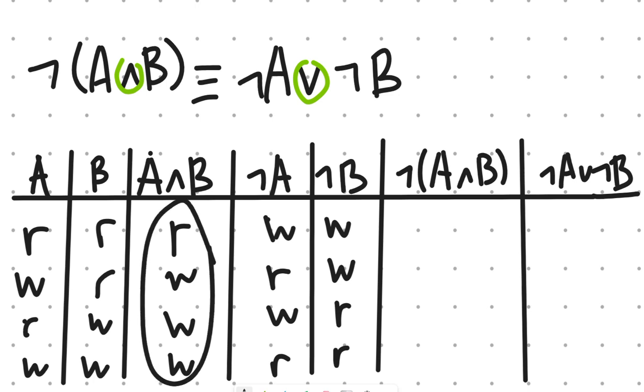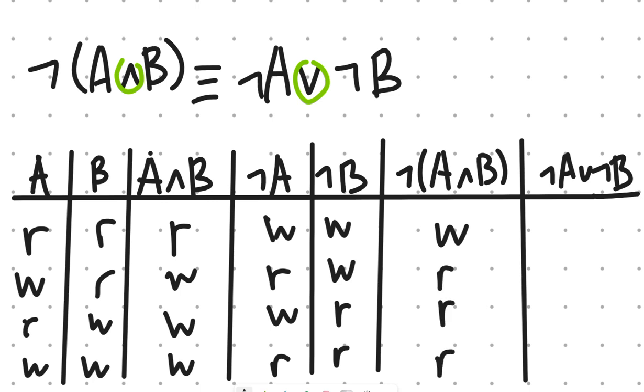So what we're just going to do is negate them: wrong, right, right, right. And now if we have the negation of A and the negation of B, we can say if one of them is right, everything is right. So this is right because two of them are right.